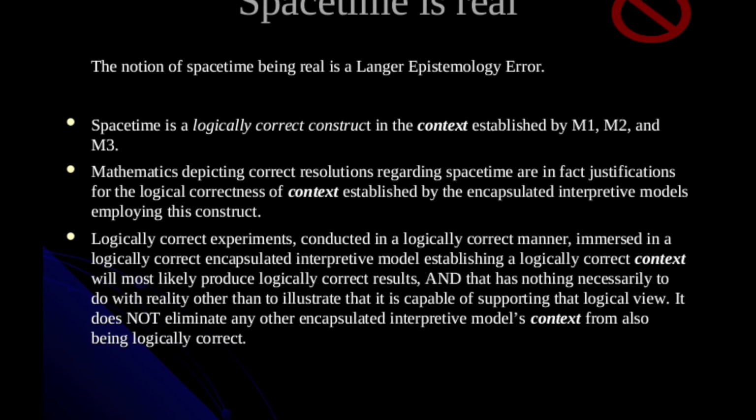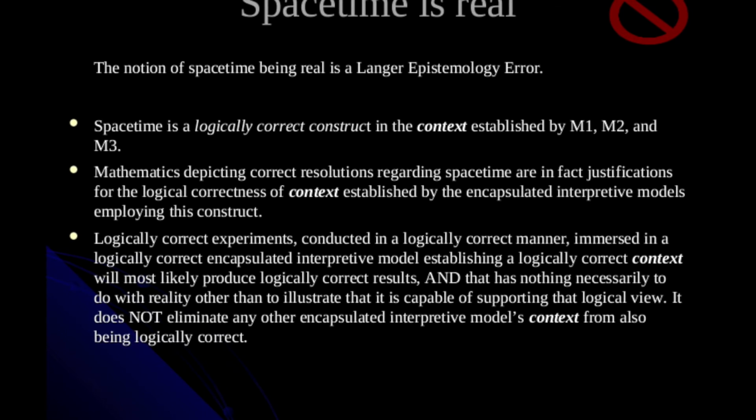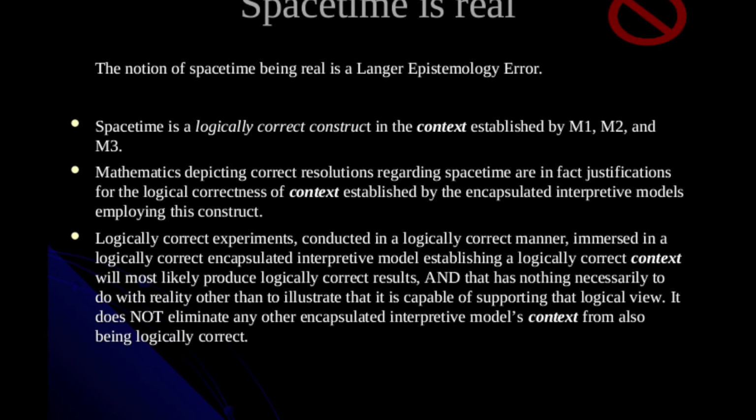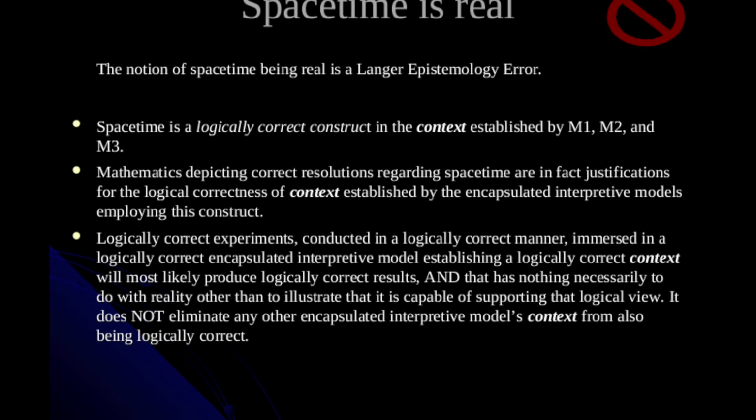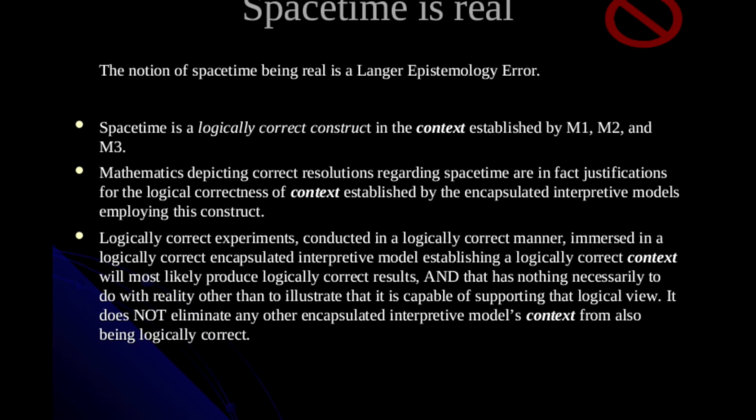So in this particular case, it turns out that space-time is a logical construct. It is not real. The mathematics depicting the correct resolutions regarding space-time are in fact justifications for the logical correctness of the context that is established by the encapsulated interpretive models employing that construct. That means M1, M2, and M3.